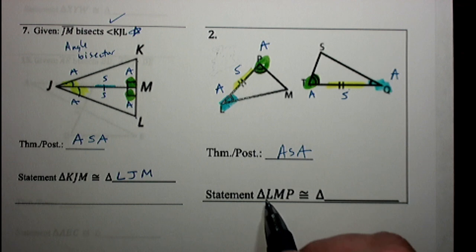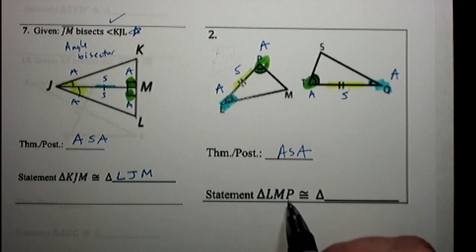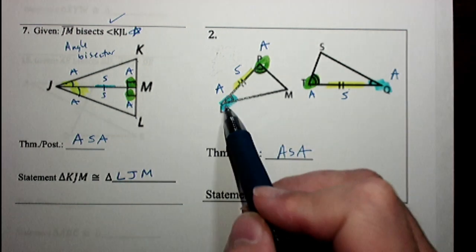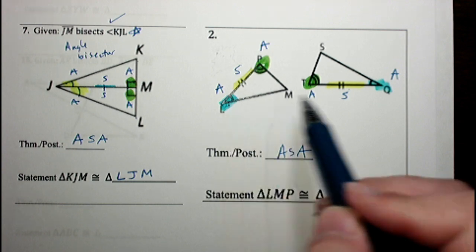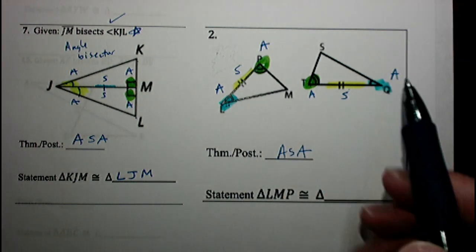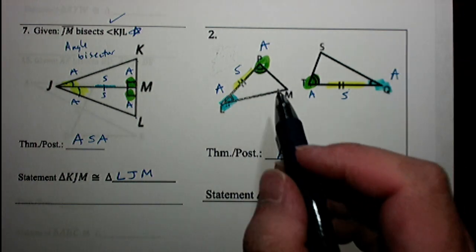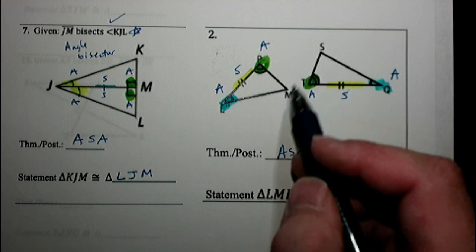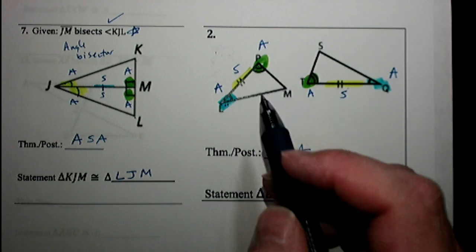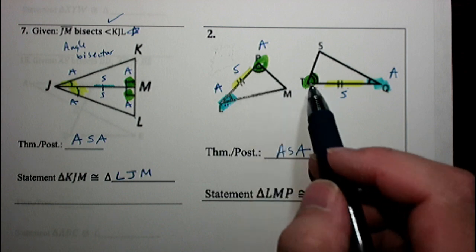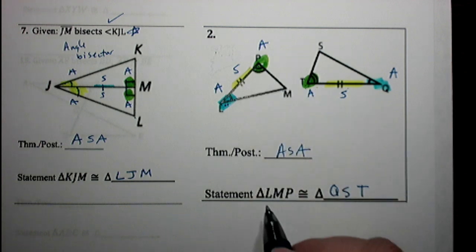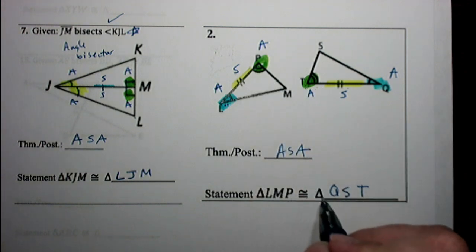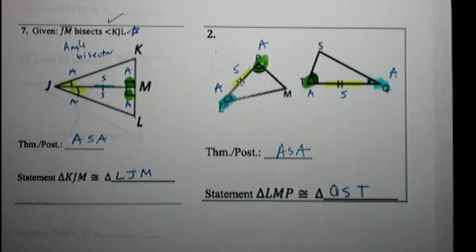We have triangle LMP. So L, it's blue. It's going to correspond with Q. It's also blue. M, there's no color here, but we know for sure they correspond with S. And then P corresponds with T. So triangle LMP is congruent to triangle QST.